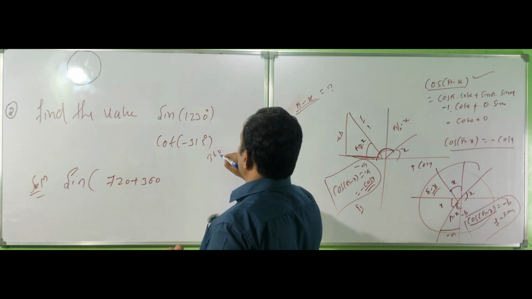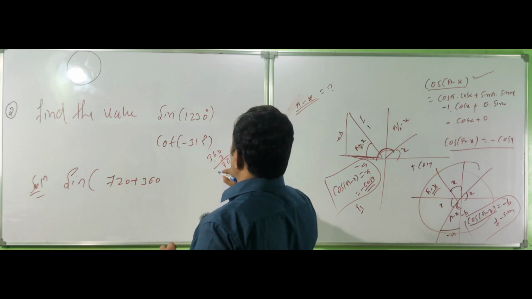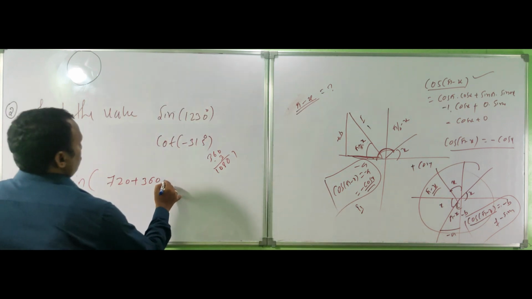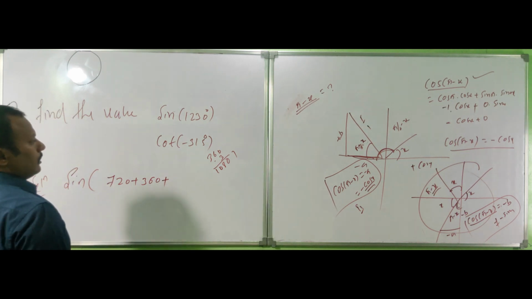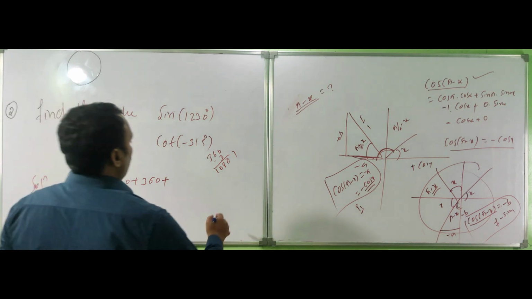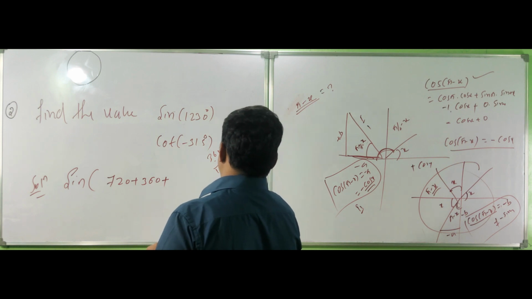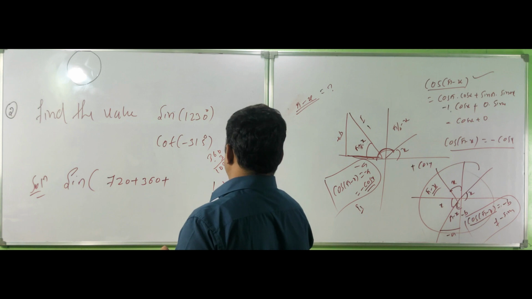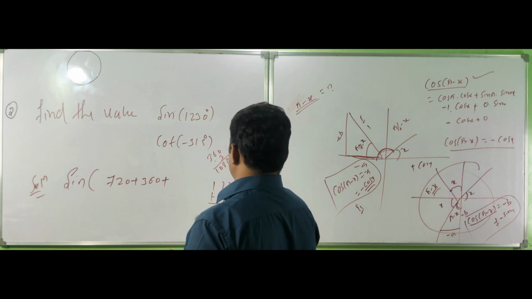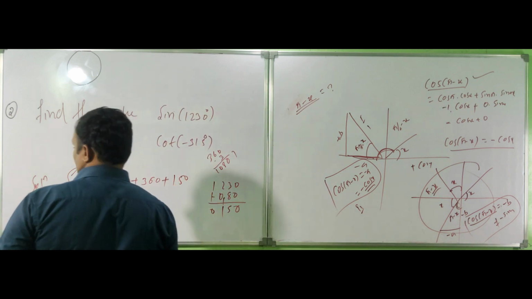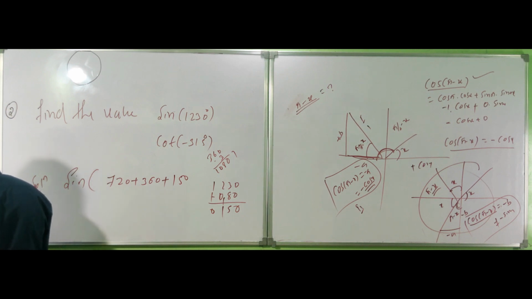360 into 3 is 1080. What is the remaining? 1230 minus 1080 gives 150.